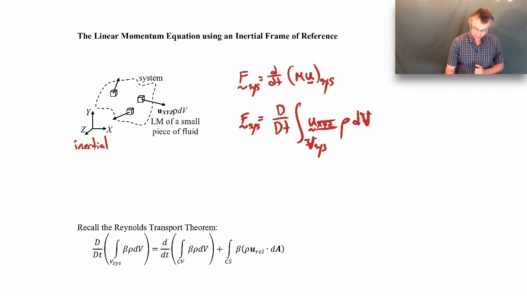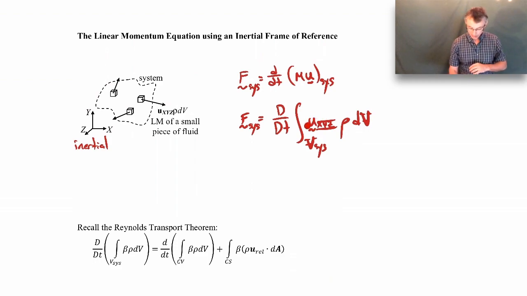So what we have here is the time rate of change of the linear momentum of the system. And I'm using that capital D/Dt notation. If you recall from the Reynolds transport theorem, that capital D/Dt notation is just an indicator that we're following a system. It's just a notational indicator. So it's the time rate of change of the linear momentum of the system, where that linear momentum is written in terms of an integral to take into account the possible variations from fluid element to fluid element.